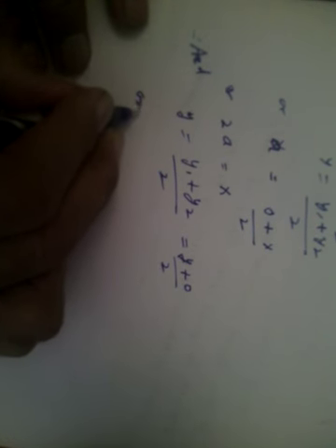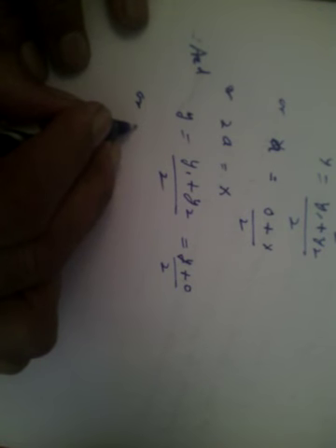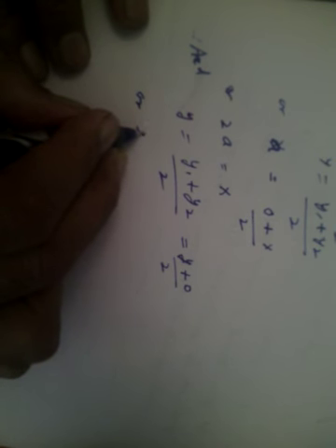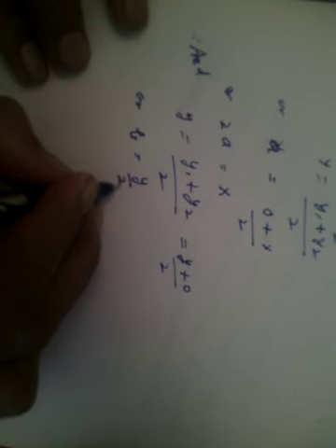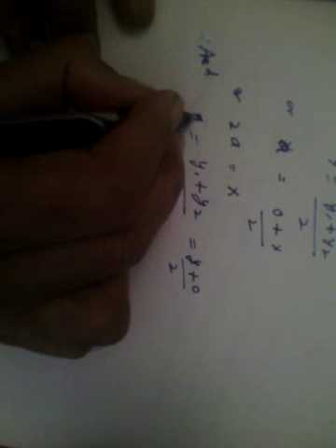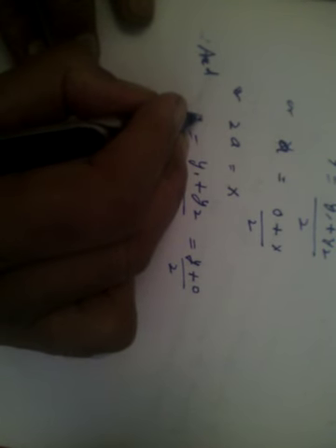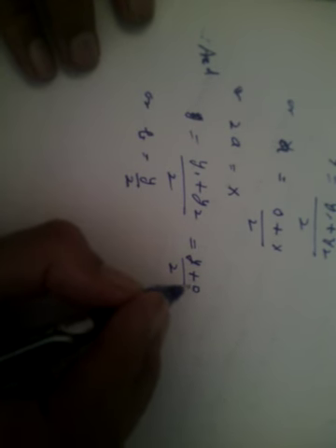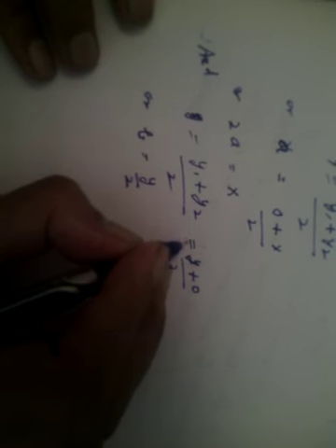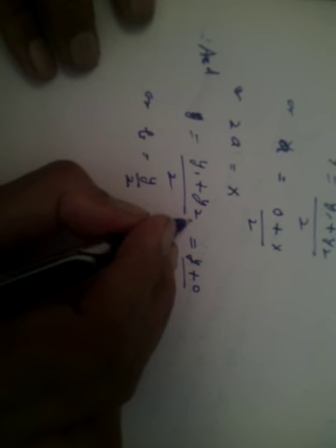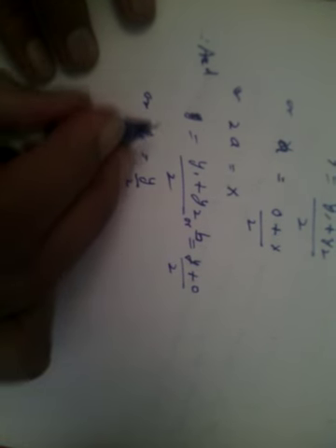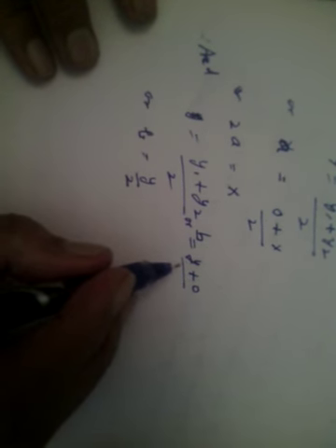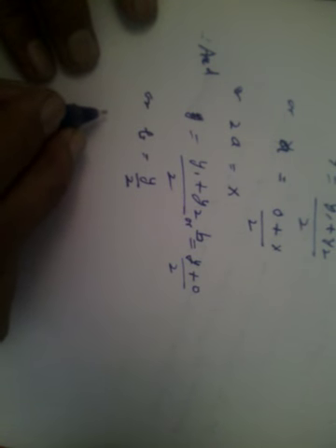So b is equal to y by 2. Instead of y, we will be putting the midpoint as b, or y is equal to 2b.